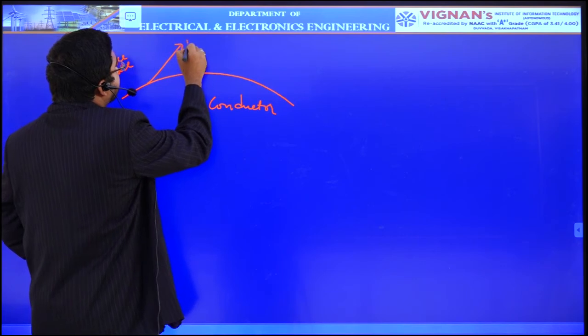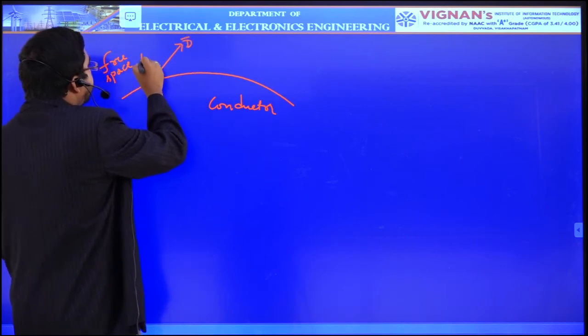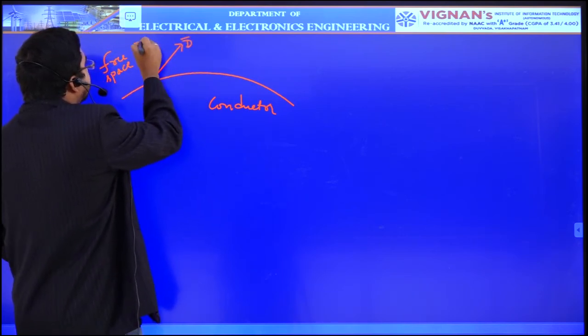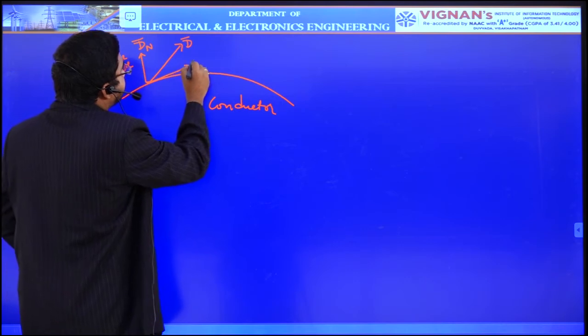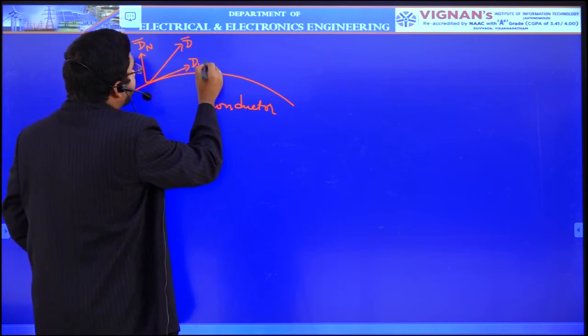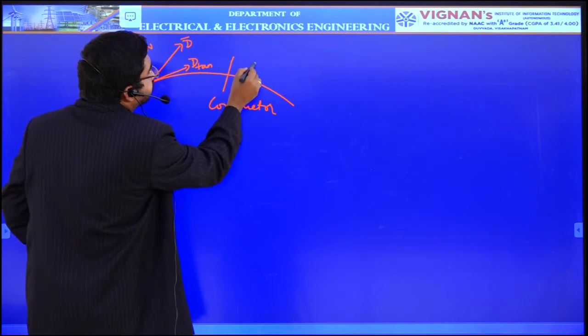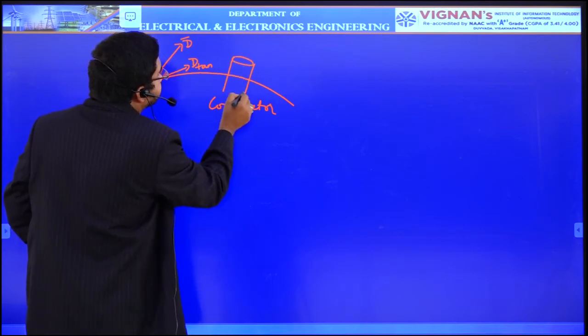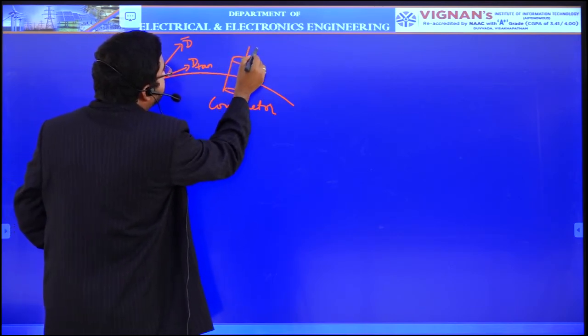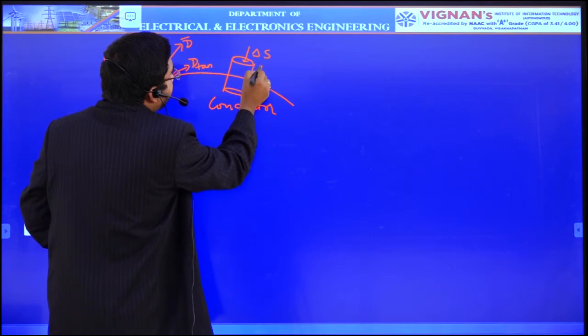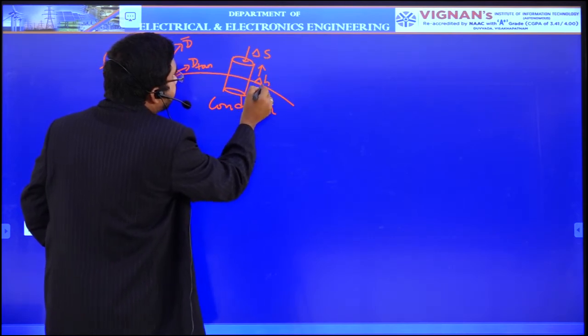If D is a vector like this, then it can be split into Dn, and the tangential component is D tan. So for this we are assuming a Gaussian cylinder, whose top surface is delta S and whose height is delta H.